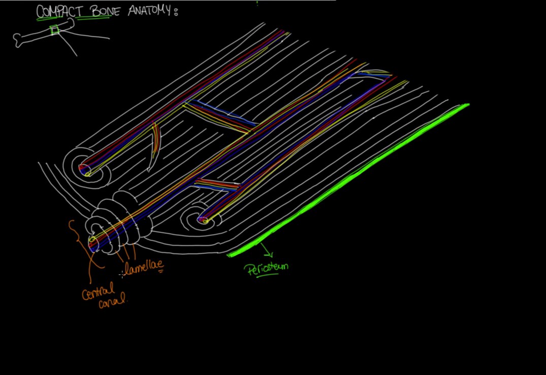Because these lamellae encircle or surround the central canal, we call those concentric lamellae, or concentric lamella. And so one central canal with the concentric lamella around it makes up what we call an osteon, also known as a Haversian system.